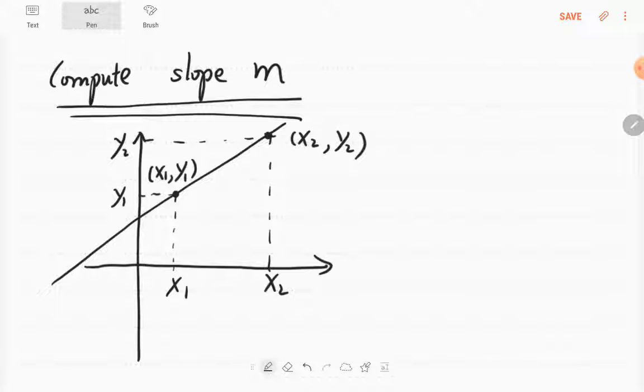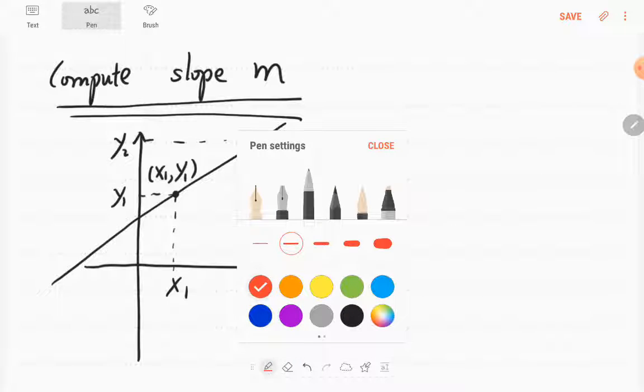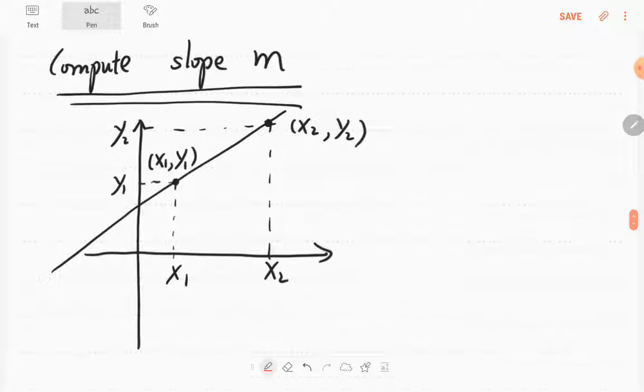If we move this point along the line to the second point (x2, y2), we notice that there is a horizontal change, from x1 to x2. So the change is x2 minus x1.